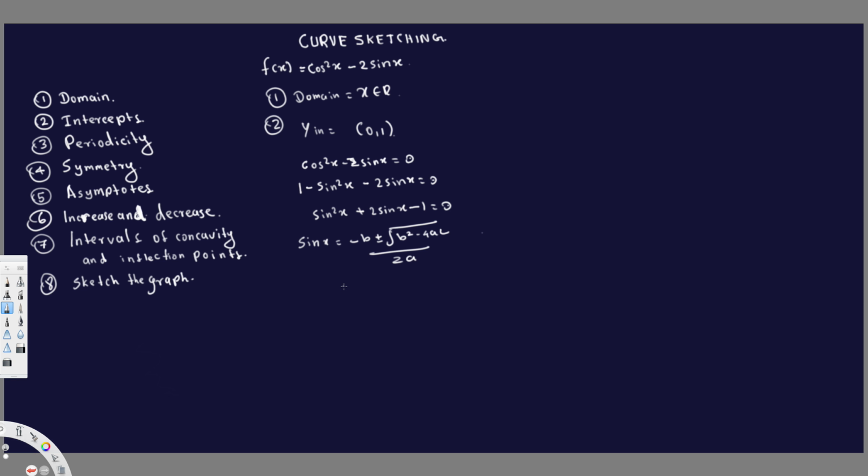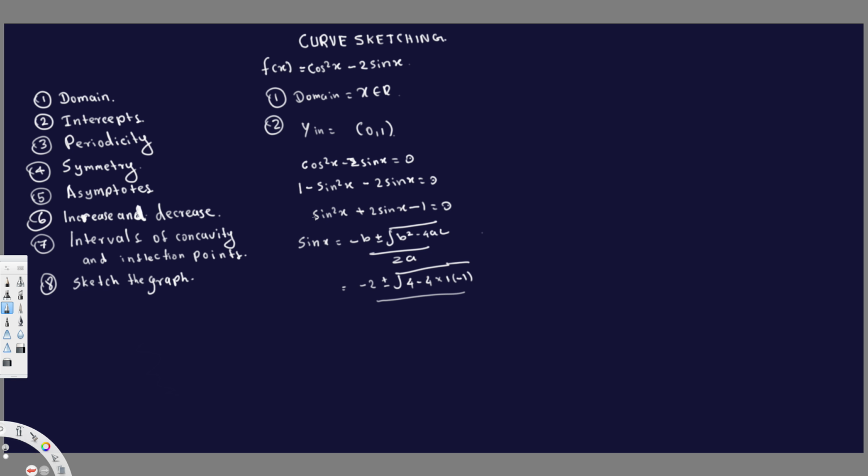In this case, b is 2, so it's going to be minus 2 plus or minus the square root of b squared, which is 2 squared, which is 4, minus 4 times a, which is 1, times c, which is negative 1, over 2 times a.